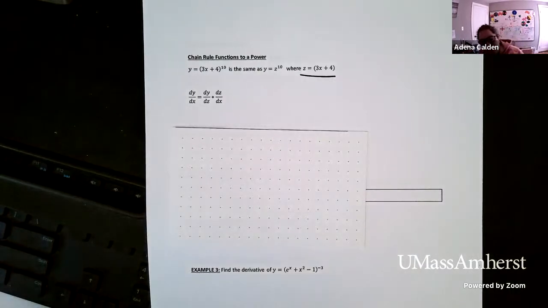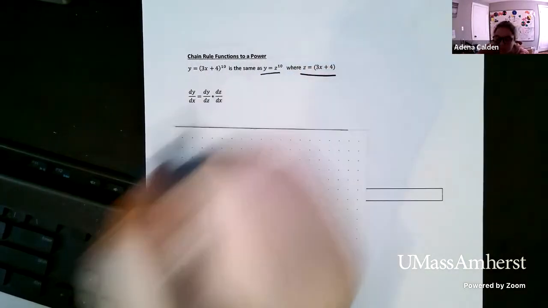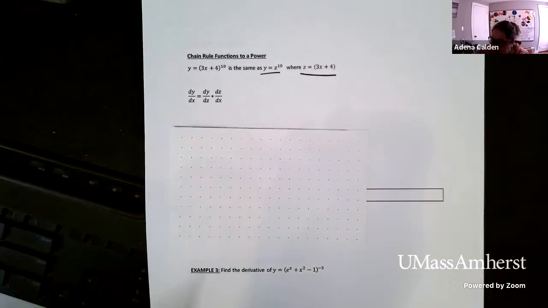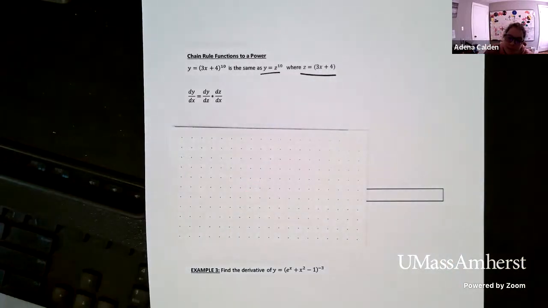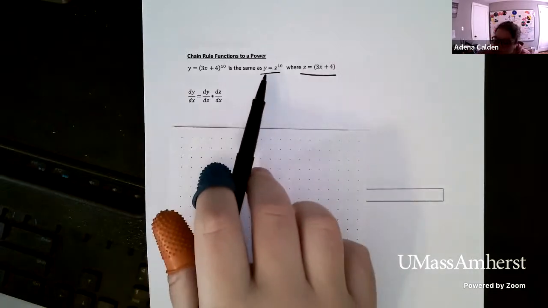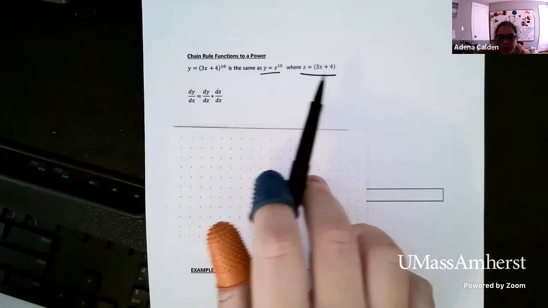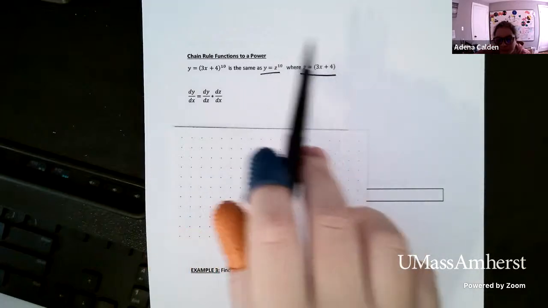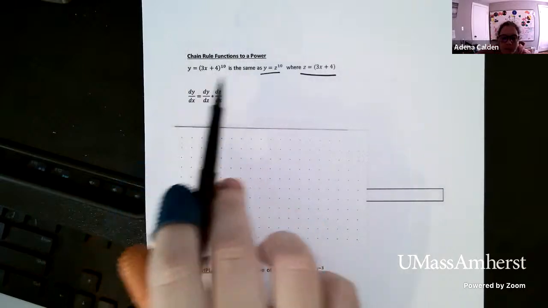After we've said what is in the base, we rewrite our y as z to the 10th. So we take that base and change it to z. The reason we do this is that if you now look at these two functions individually, they follow our basic rules for derivatives, and we'll talk about how in a minute, whereas this one, we don't really have a rule yet.